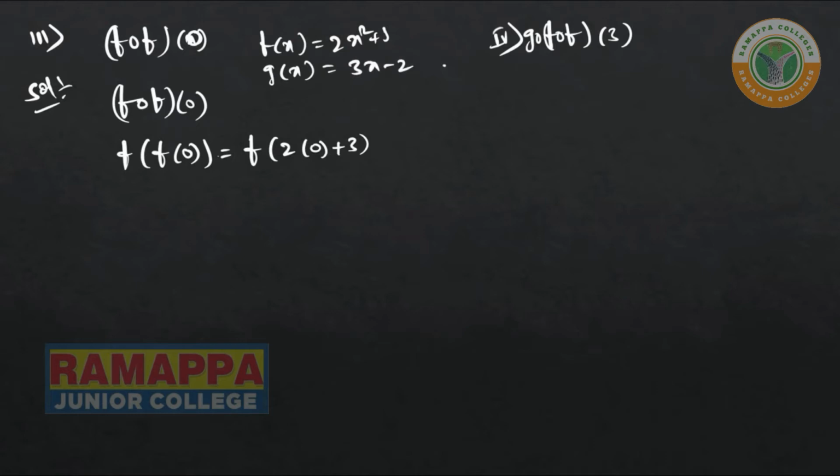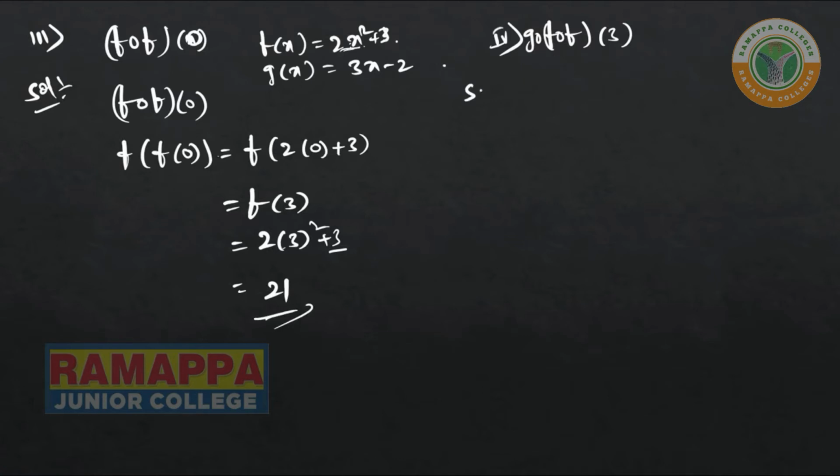In this I am substituting values. So in the x place I am substituting 0 value, and it becomes plus 3, yes, it will become f of 3. F of 3 means I am substituting 3 again, so it will become 2 into 3 square plus 3. So 3 square is 9, 9 twos are 18, 18 plus 3 here, 21 it will become. So the answer is 21 for this third question.